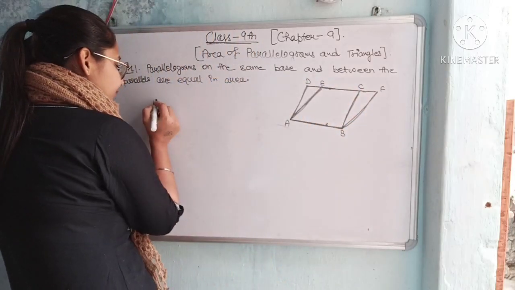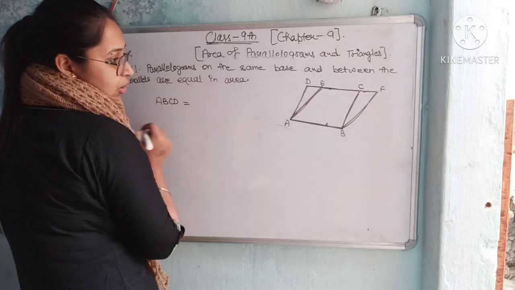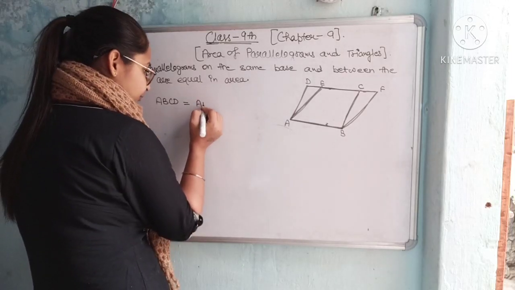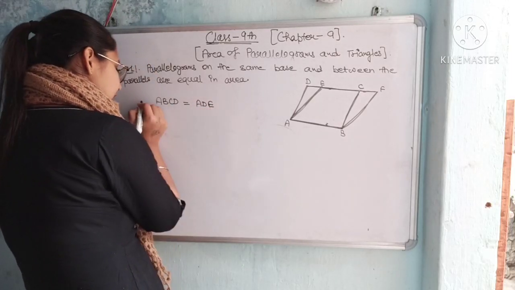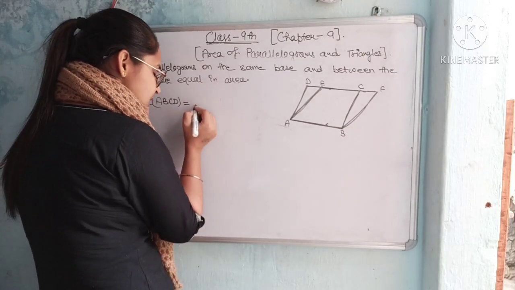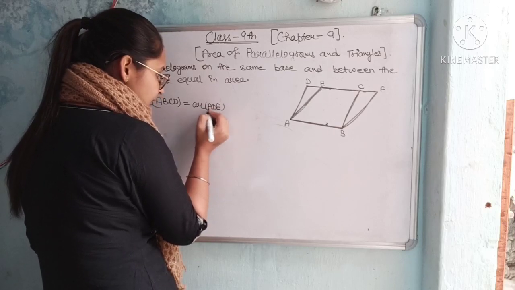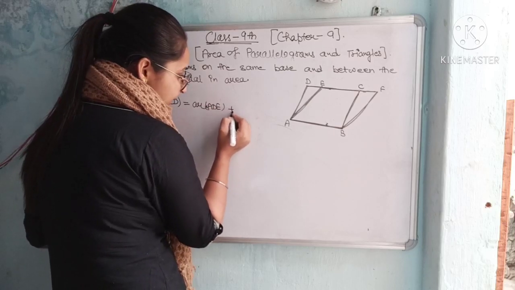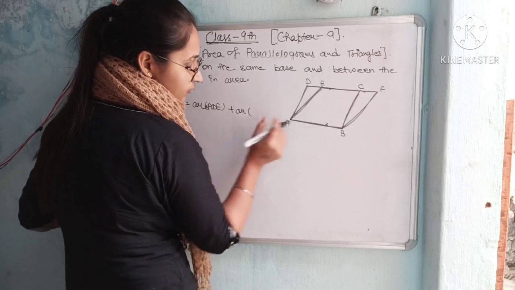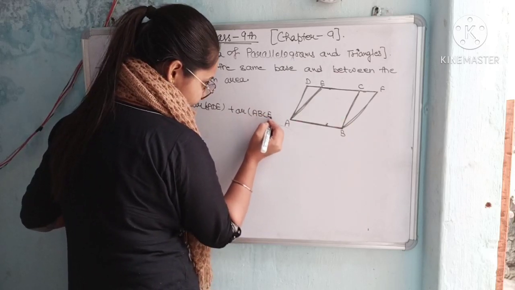So the area of parallelogram ABCD will be the sum of two figures: area of triangle ADE plus area of quadrilateral ABCE.